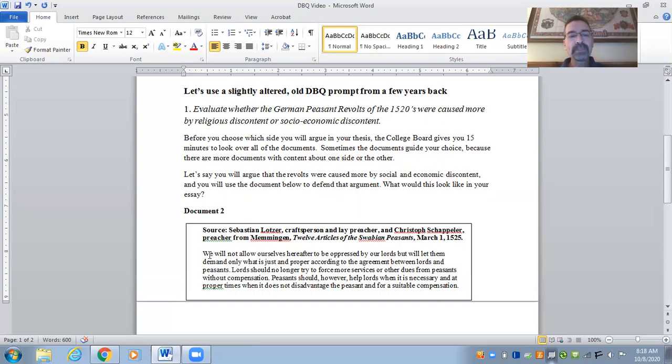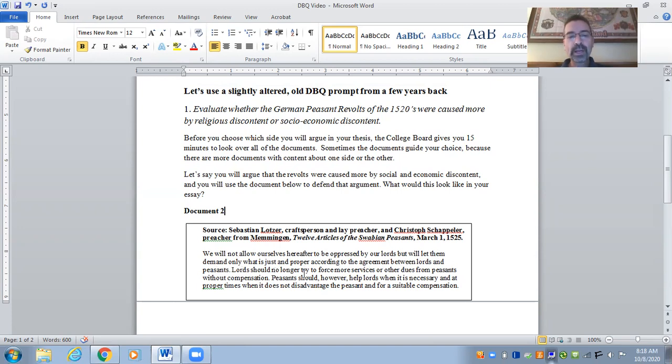So then we look over this. These are the articles written by peasants. They are issuing these articles to their lords. They are telling the lords something. We will not allow ourselves hereafter to be oppressed by our lords, but will let them demand only what is just and proper according to the agreement between lords and peasants.